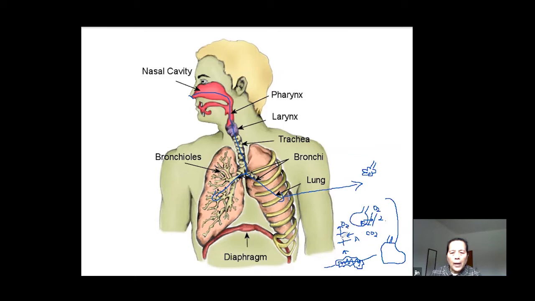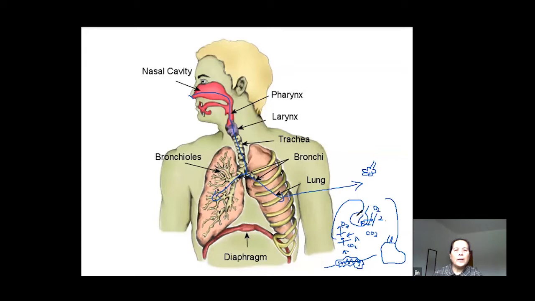And take carbon dioxide, go to blood circulation. And then the blood through the vein goes back to the right side of the heart. So in other words, the respiratory system has a close relationship with the circulation system.